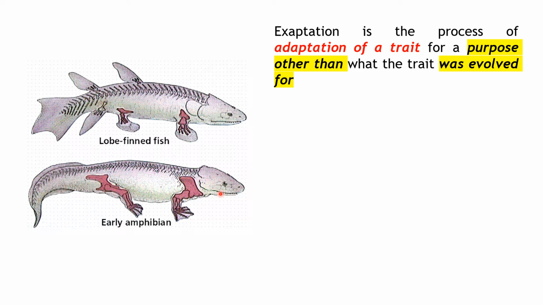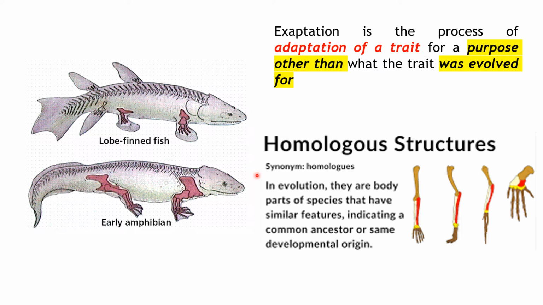Yeah, and you can see that there is a process of exaptation, and you can analyze what is a homologous trait. Yeah, and you will see that a homologous trait can also be an example of an exaptation. Yeah, so here you see all the different structures, all the different limbs. So here the same limbs diverge.